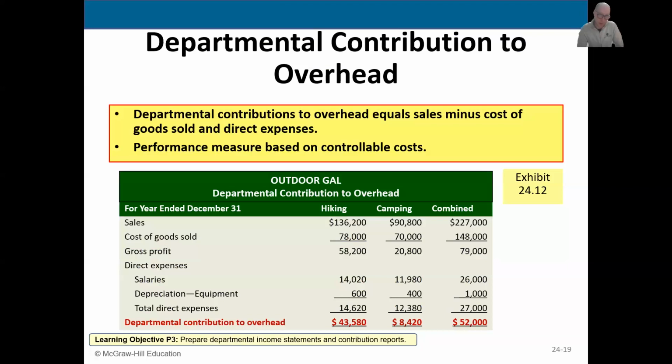Gross profit minus the direct expenses equals the department contribution to overhead. Remember, the word contribution, similar to contribution margin. Contribution margin. Something we talked about back in Principles of Accounting 1. We briefly talked about it a few weeks ago.